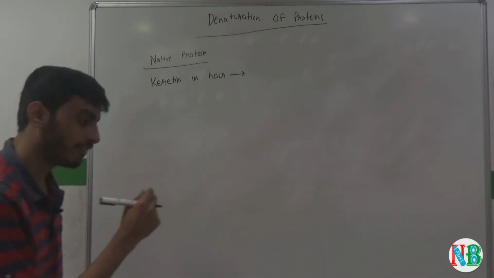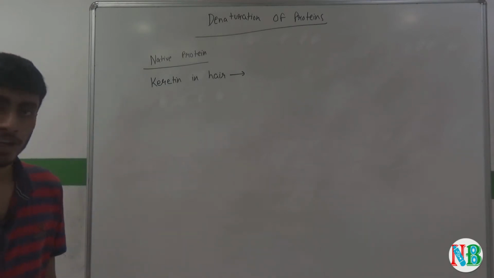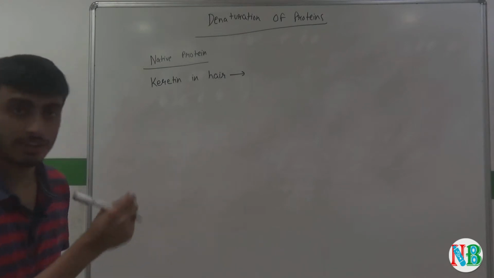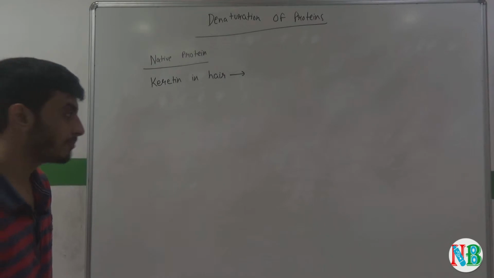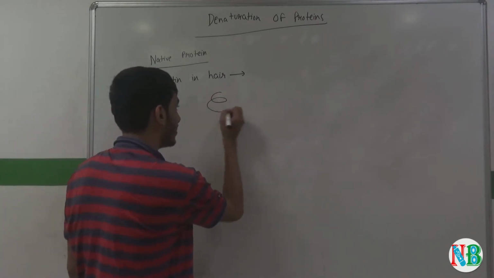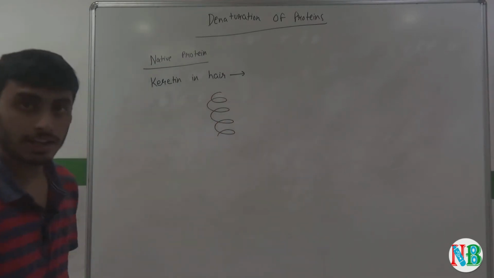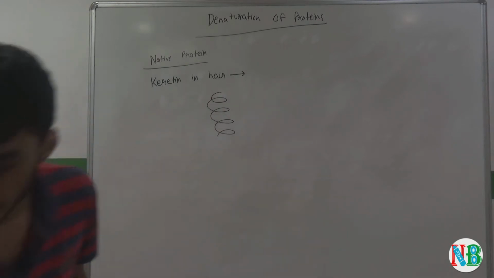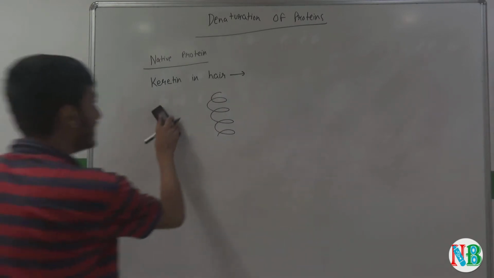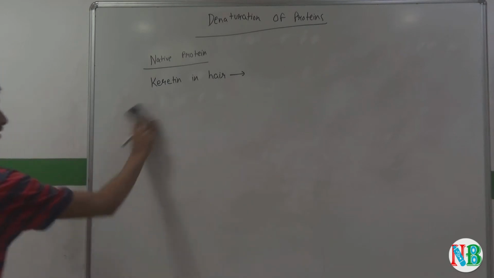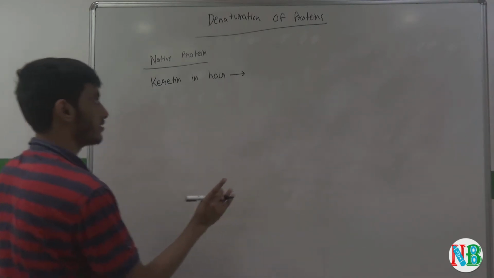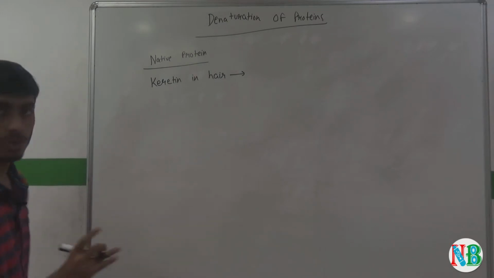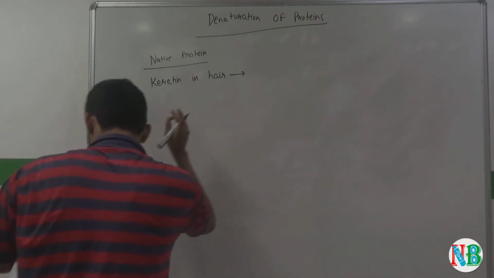You know which alpha amino acids are used. You know the sequence in which the alpha amino acids are arranged. You know that it forms a structure like a spiral. You know everything about it. So any natural protein which has a well defined shape or structure is known as a native protein.